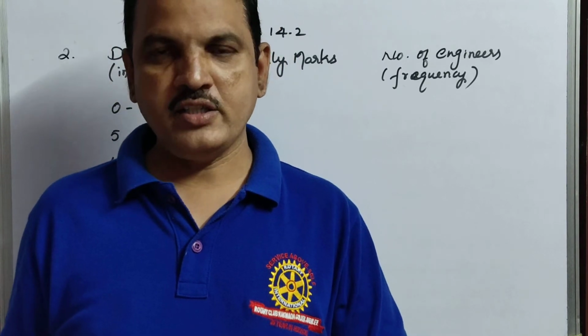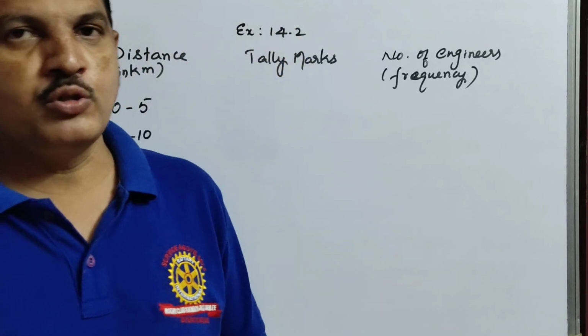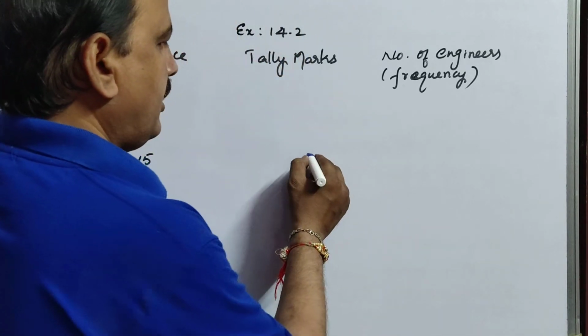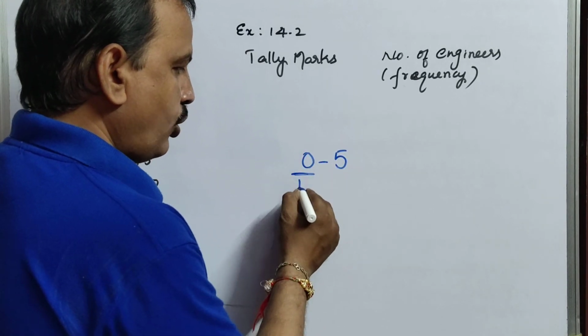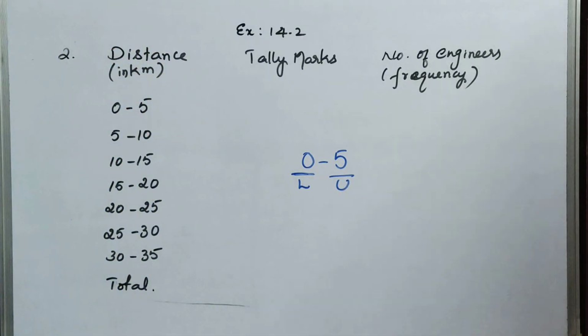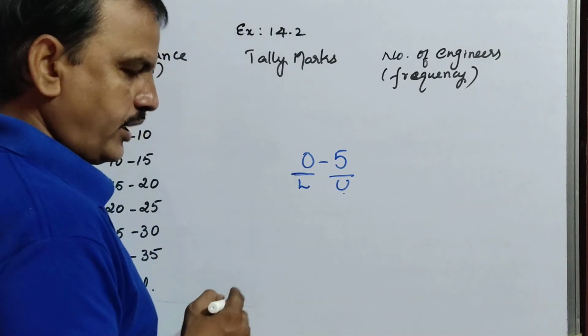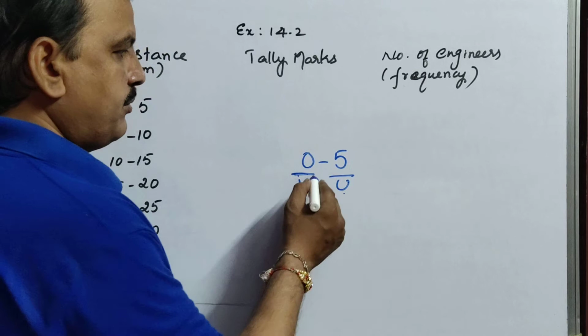He gave us the clue, and in brackets it is given that 5 is not included. That means he is asking to take 0 to 5. You know, children, this is the lower limit and this is the upper limit. Here lower limit and upper limit are there, no children.